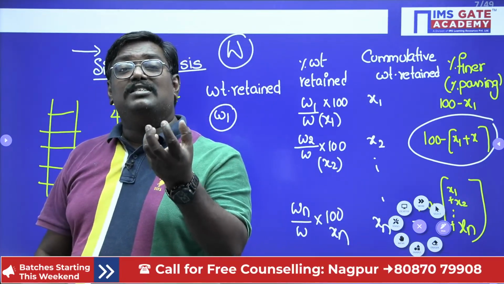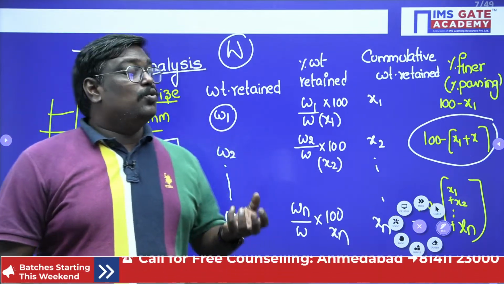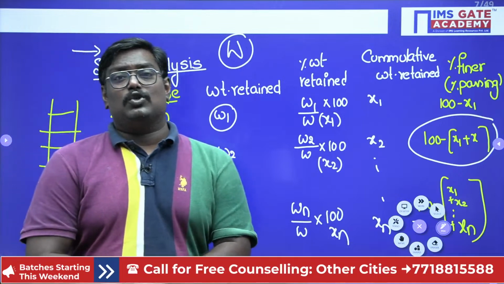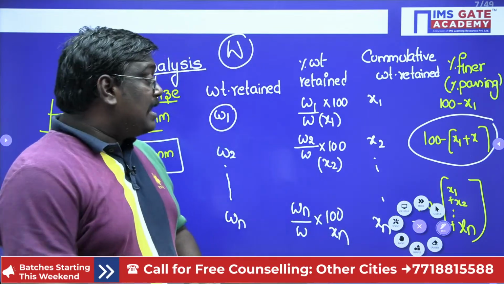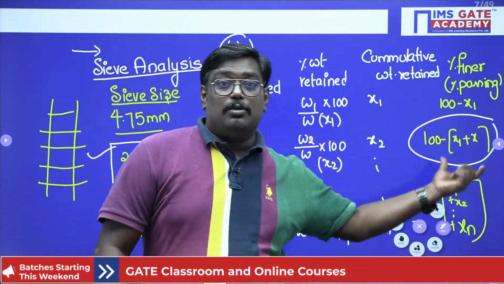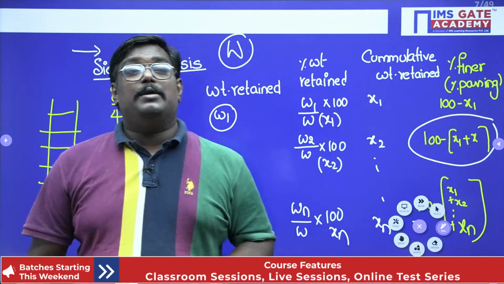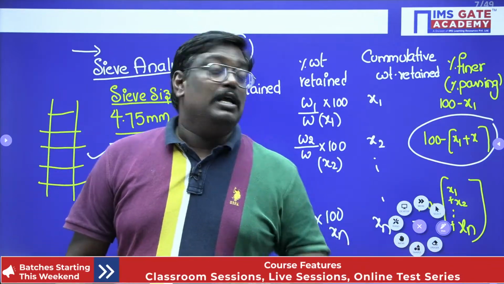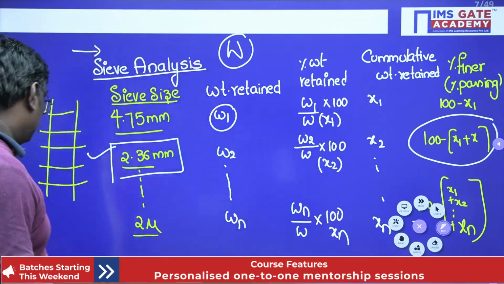Based on how much weight of soil is retained on each sieve, you are able to classify the soil. I hope you are clear with this sieve analysis concept. And when you are solving previous GATE questions, without finding the percentage passing, you cannot find D10, D60 or D30. This kind of question was observed in one of the GATE questions, my dear students.